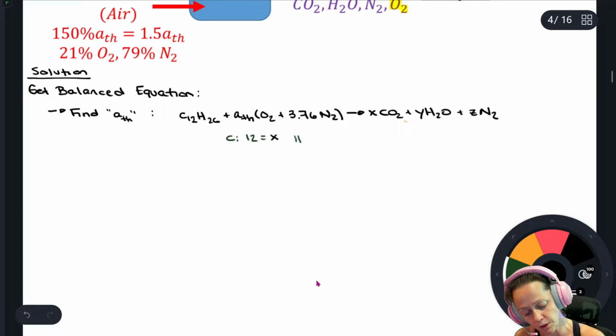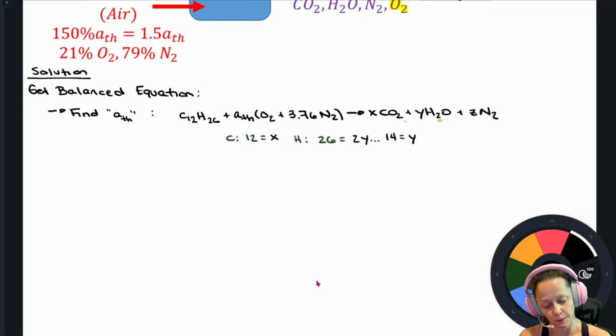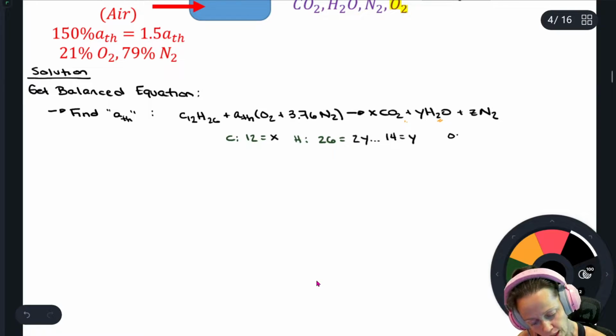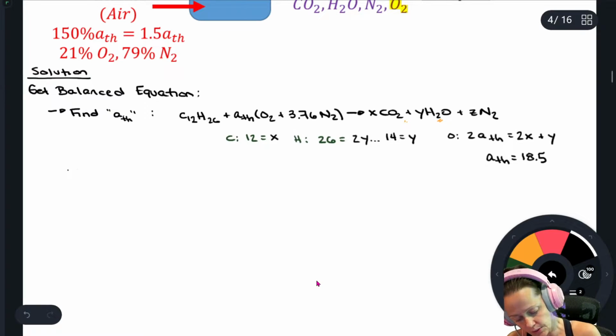For hydrogen, I have 26 on the left-hand side and 2Y on the right-hand side, so 14 is Y. Then for the oxygen, I've got 2 ATH on the left-hand side and 2X plus Y on the right-hand side. So my ATH for this ends up 18.5. Perfect.